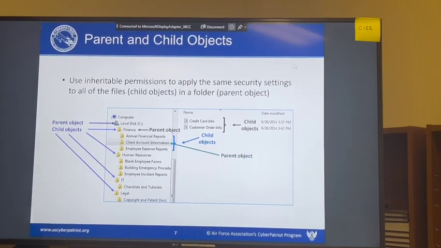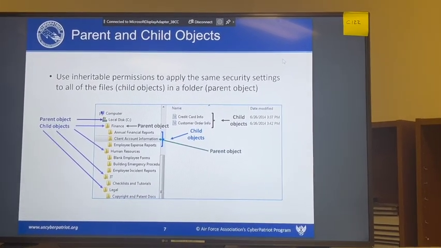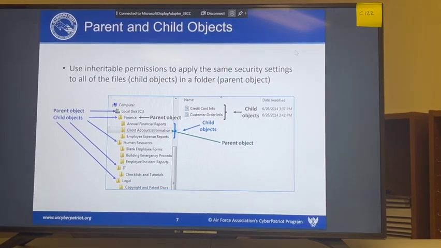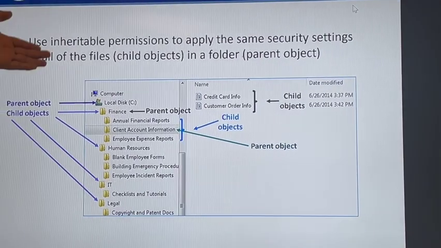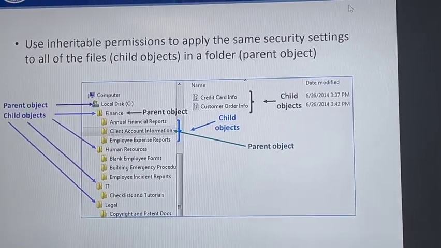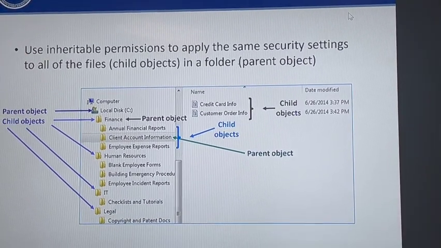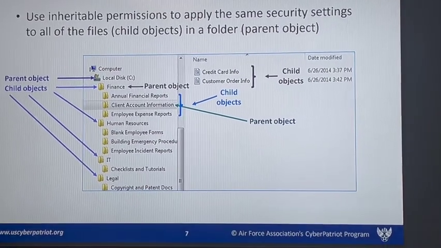Parent and child objects use inheritable permissions to apply the same security settings to all the files, the child objects, in the folder, which is the parent object. So the parent object will basically be like the local disk of the computer, right? And the child objects will be what's in that local disk. So the folders here will be finance, human resources, IT, and legal.